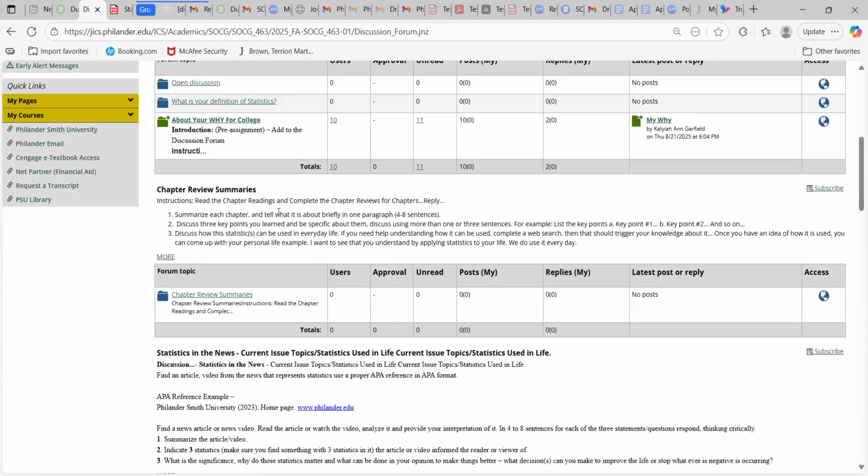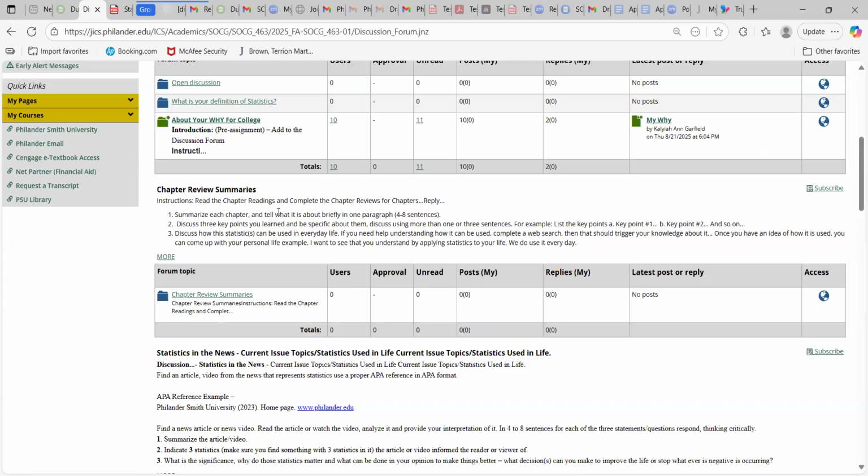And then for the second part, it'll be good if you use the same outline: one, two, three. Under number one, summarize, and put your summary there. Then number two, discuss the three key issues. So for number two, you say number one key point, number two key point, number three key point, and so on.